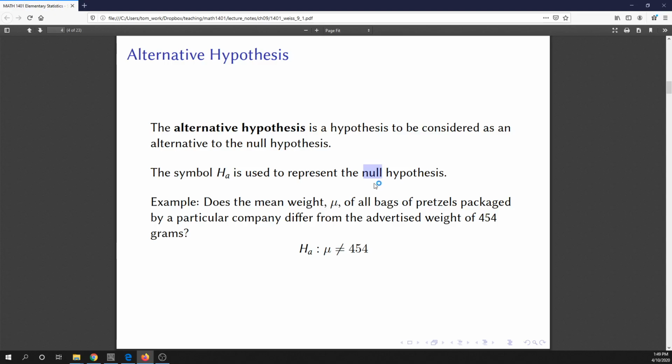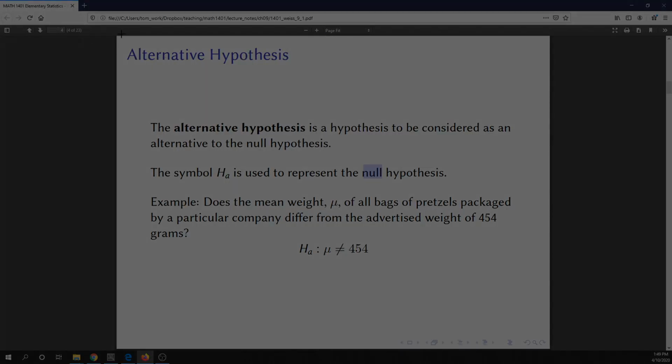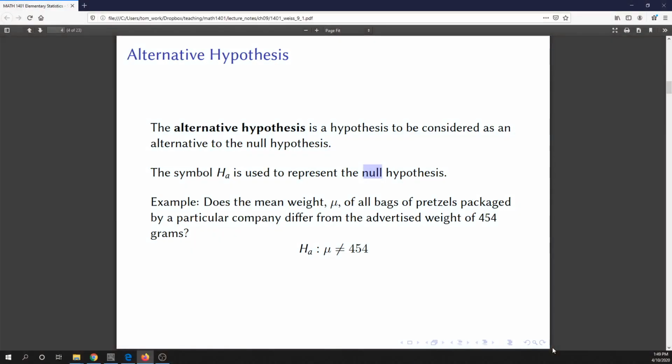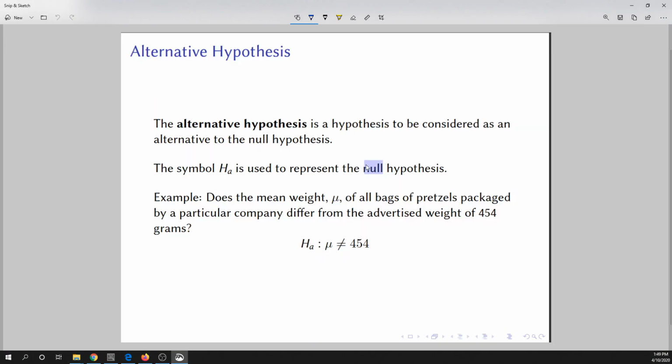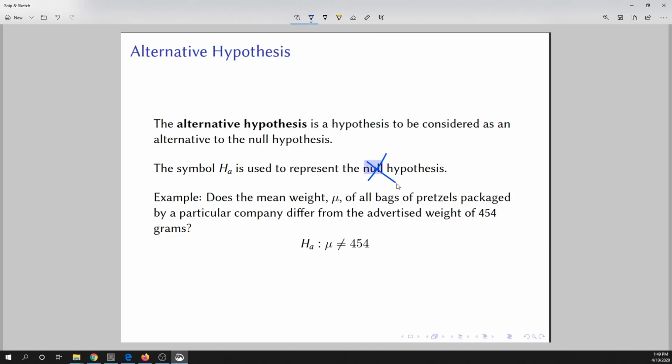So make sure you cross that out, or actually I could do that. So that should not say null here, it should say alternative.